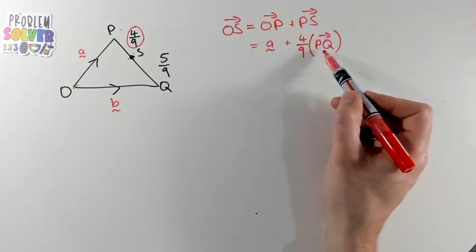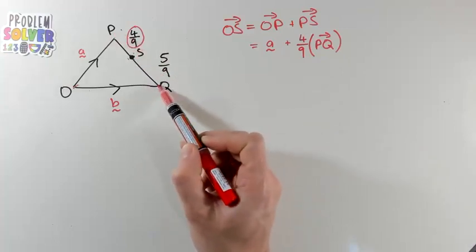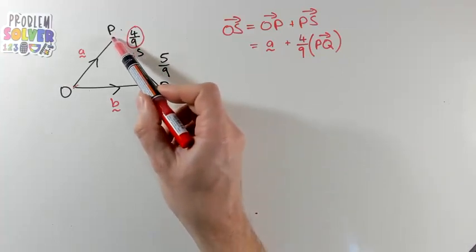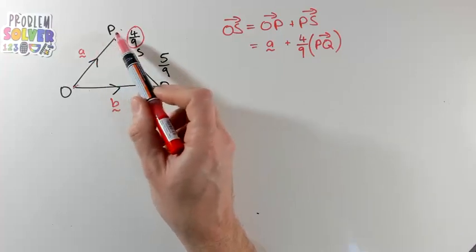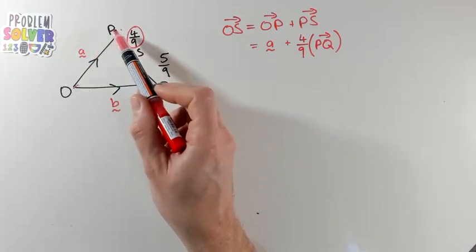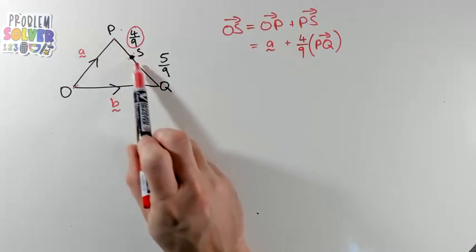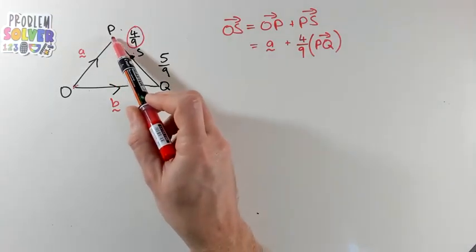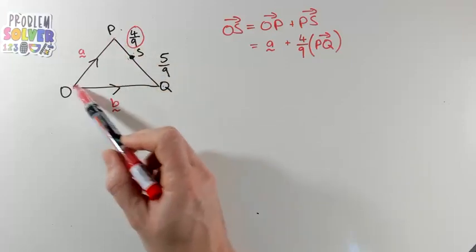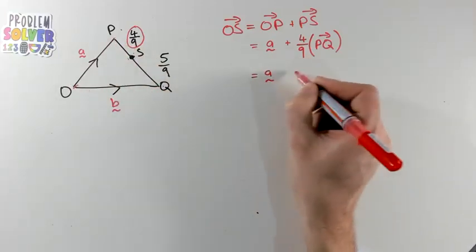I don't have PQ. But if I want to start at P and go to Q, I'm going to have to go in this direction. I can't go from P to Q or P to S because I don't have the actual column vector values. So now I'm going to write PQ in terms of A and B. So this just comes down for the ride, no worries there.